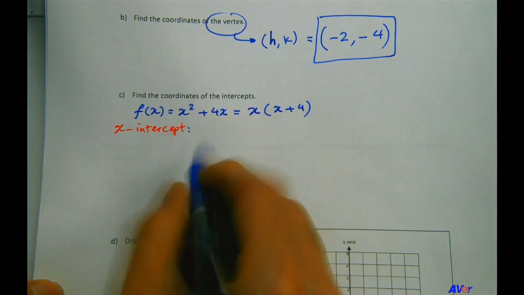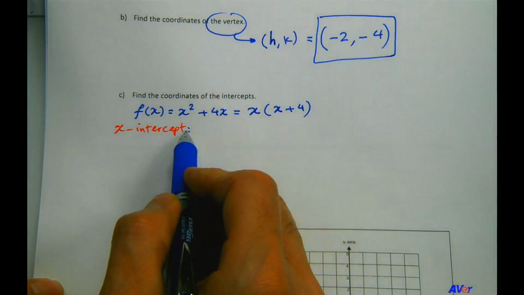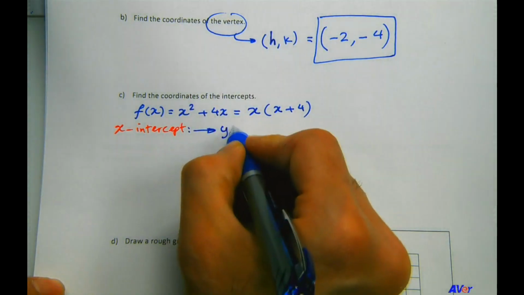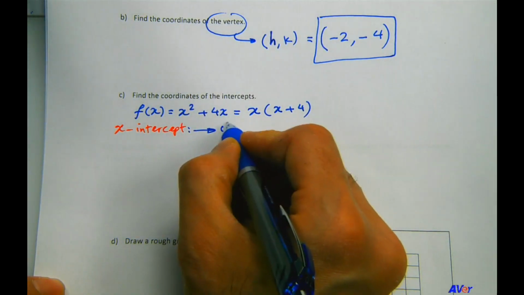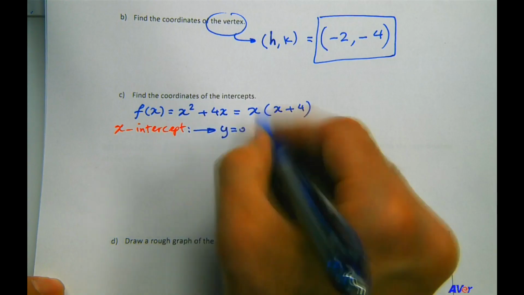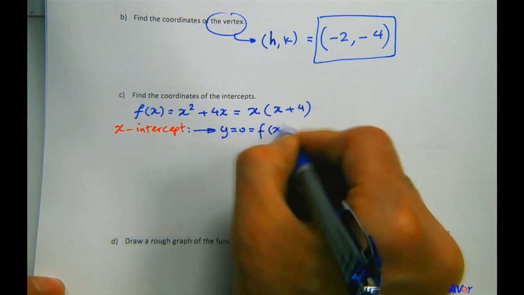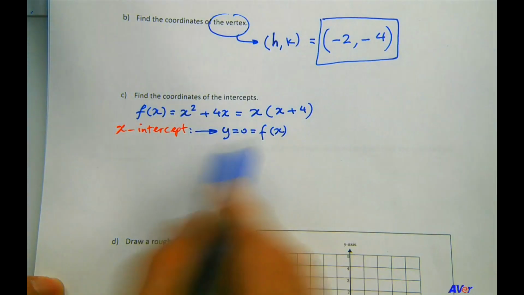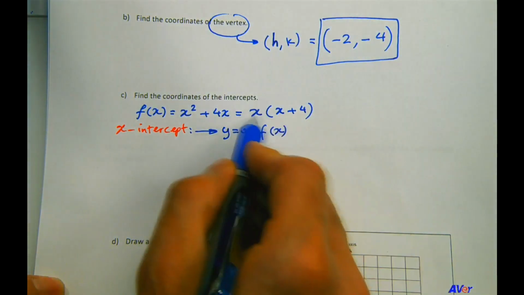So for the x-intercept, then y or f of x equals 0, right? Y equals 0, or f of x equals 0. Y and f of x are equivalent. So these two are equal to 0, so then let's find x.